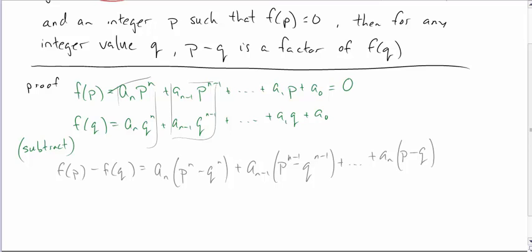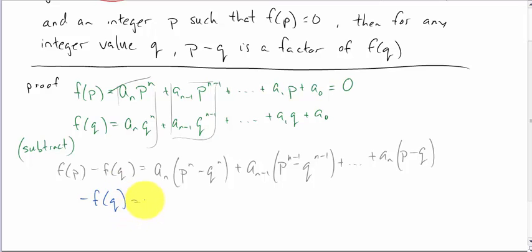Okay, so we know that f of p is equal to 0. So the left-hand side is negative f of q.